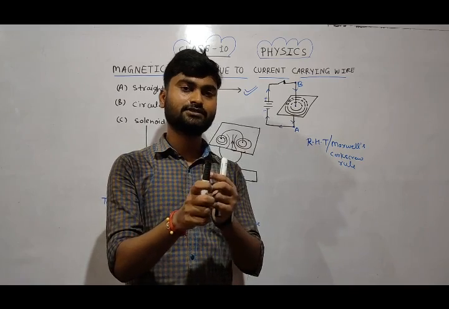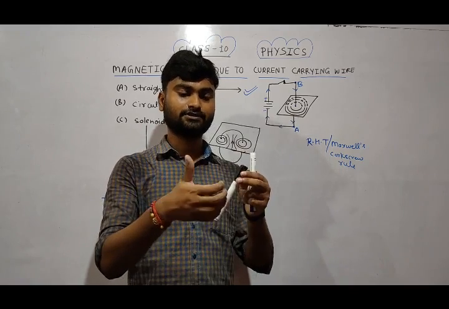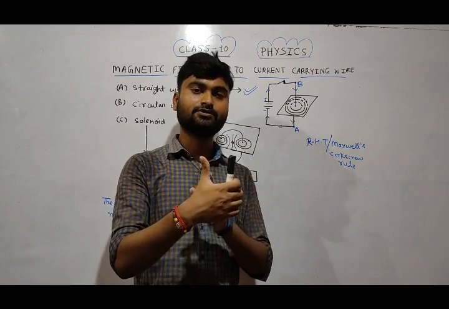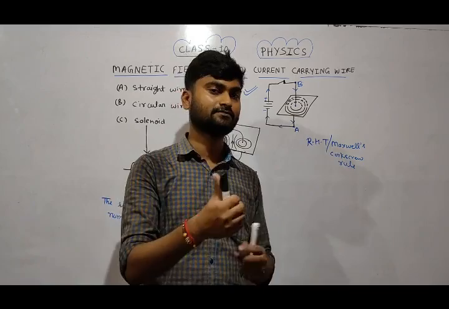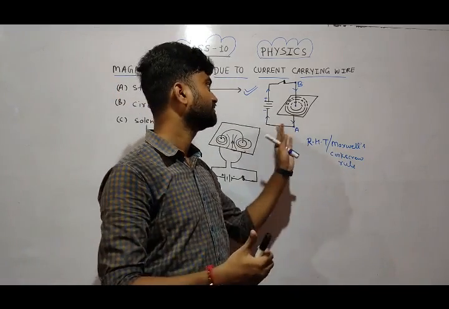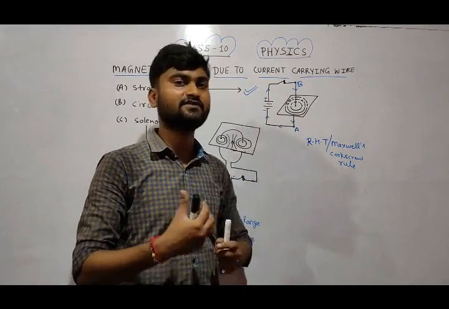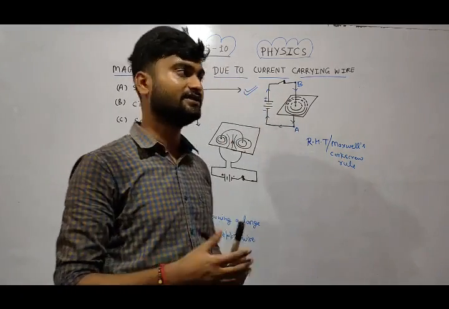Keep your thumb in the direction of current, because you know the direction of current, because you know the terminals of the battery. So the direction of current is also known earlier.